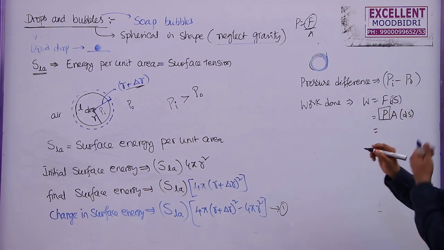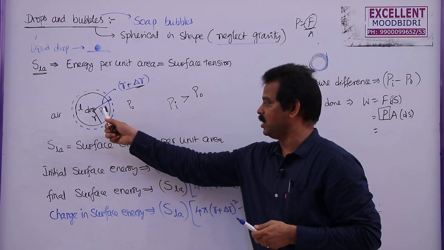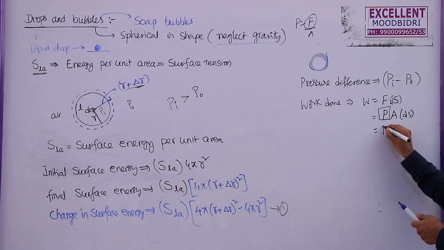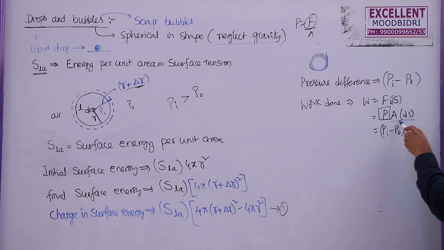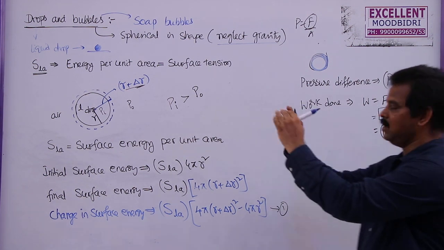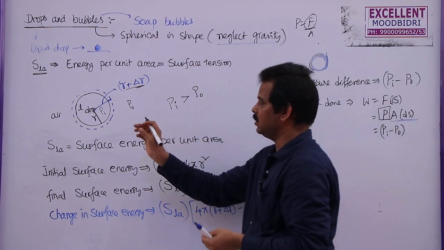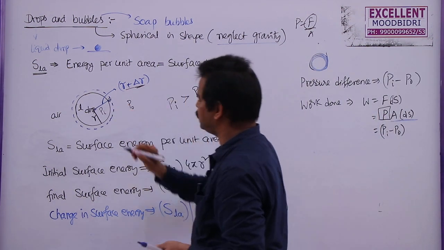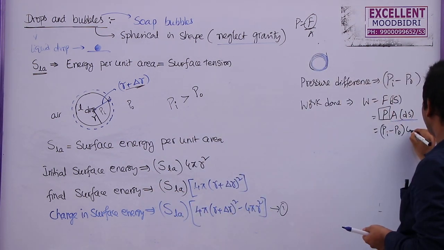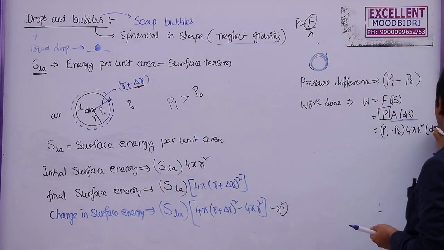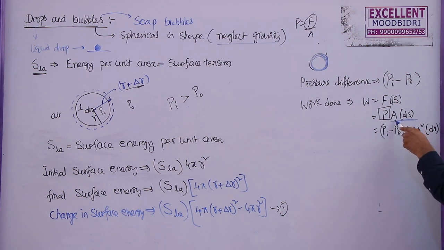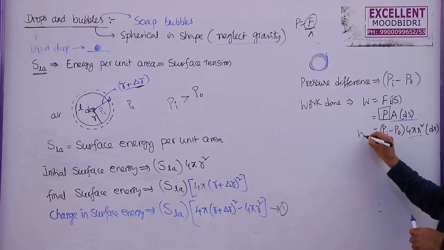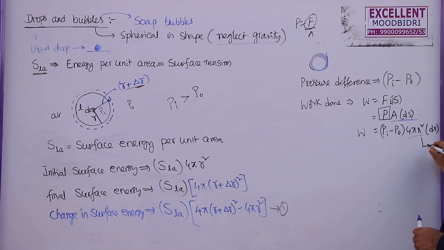Here the pressure is the pressure difference against which we are doing work, so I am writing P_I minus P_O. Area of this drop is 4 pi r square and the change in length is dr here. So this will become 4 pi r square into dr. This is equation 2.